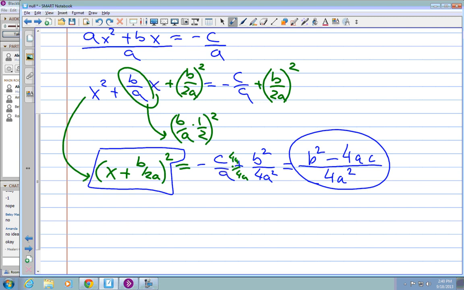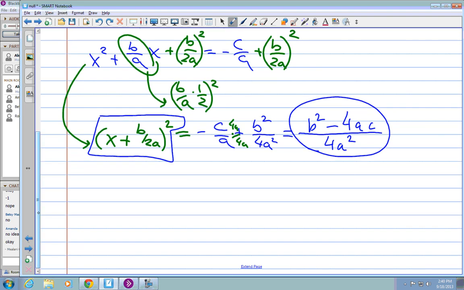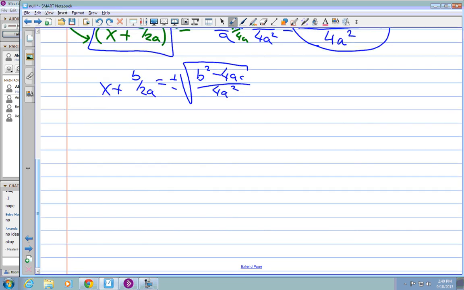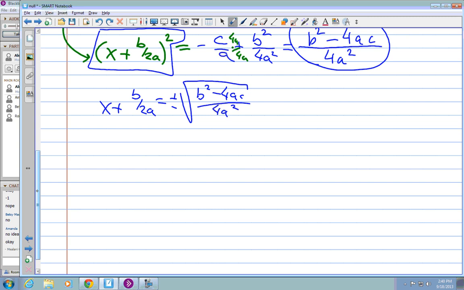So now we can take the square root of both sides, right? And when we do that, we get x plus b over 2a equals plus or minus the square root of b squared minus 4ac over 4a squared. Is that all right? Now the square root of b squared minus 4ac is just going to stay that, but I can do the square root of the denominator, which is just 2a.